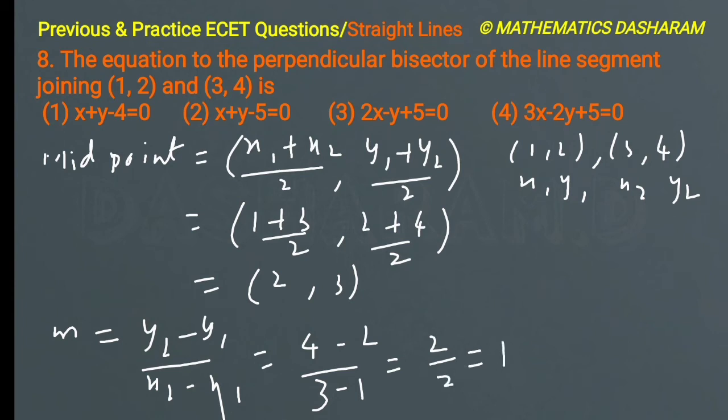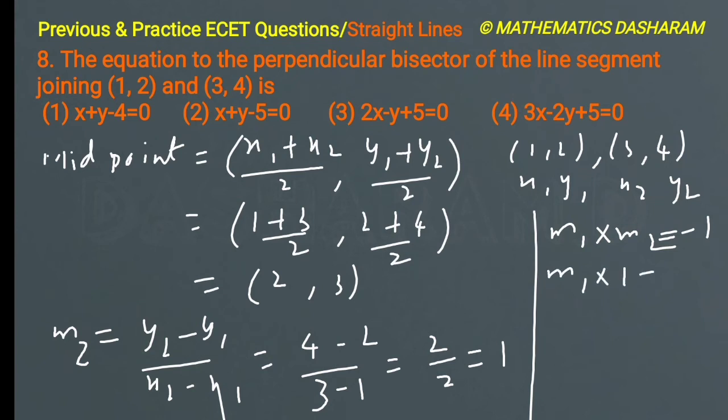But our required line is perpendicular to this line, so their slopes' product will be equal to minus 1. The required line slope is m1 and the given line slope is m2. So when you take m2, it is equal to 1, so m1 into 1 equals minus 1.